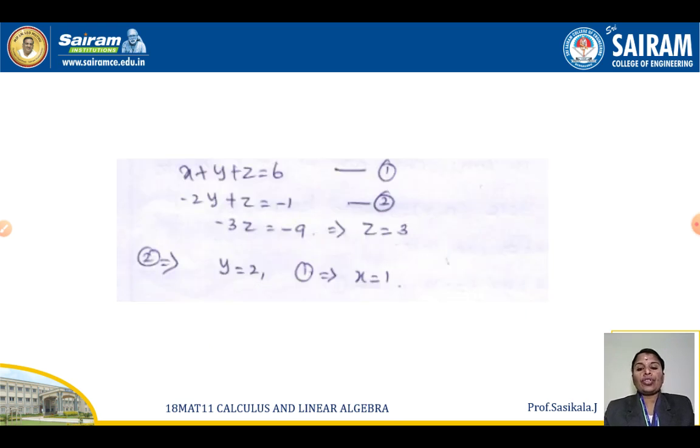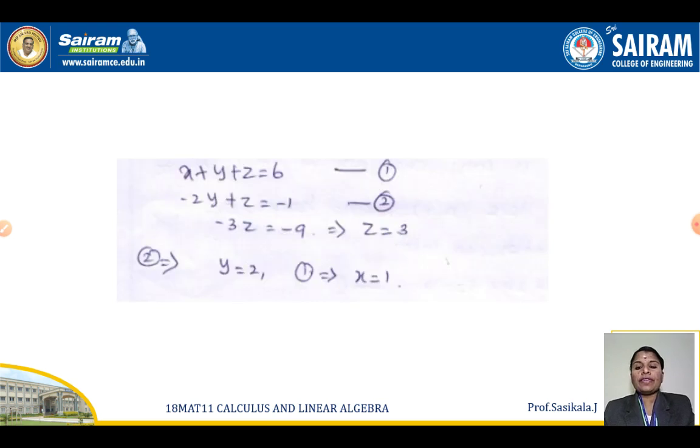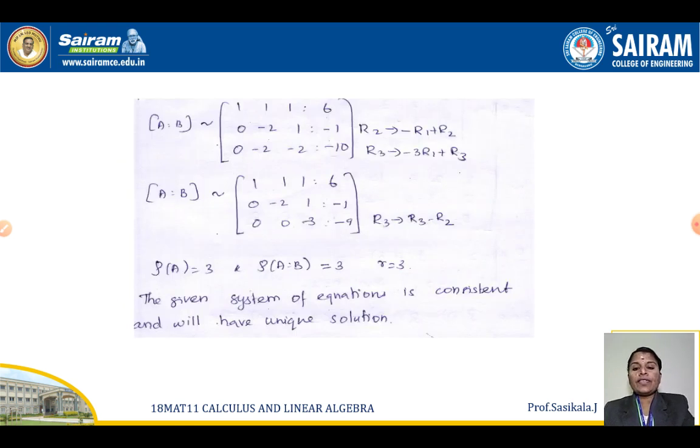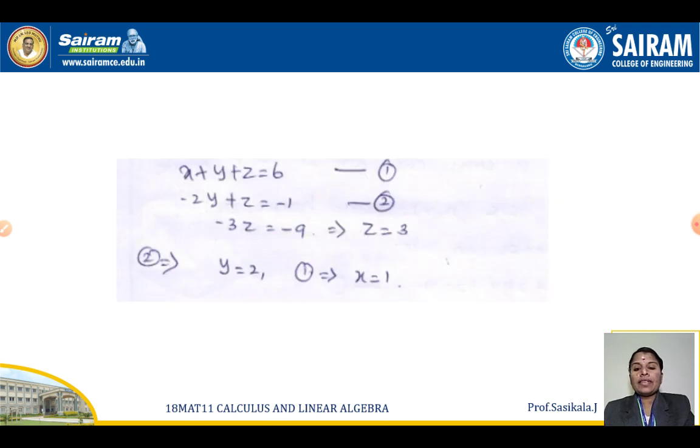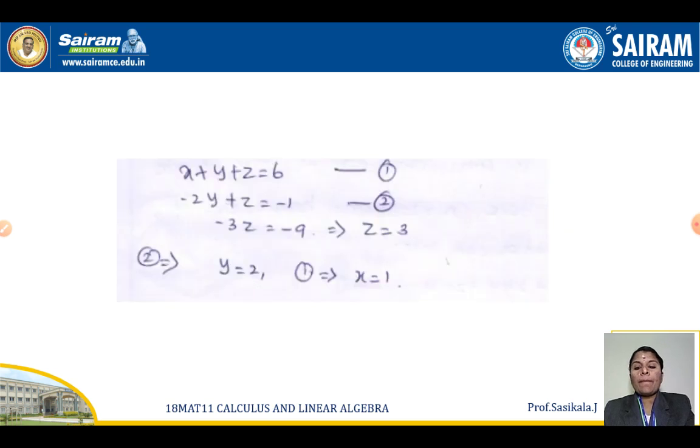Now, how do we find the solution? Again, you can do substitution. x plus y plus z is equal to 6. Then minus 2y plus z equals, on the right side, minus 1, isn't it? Next one, minus 3z equals minus 9. That implies z is equal to 3. Then substitute z equal to 3 in equation number 2. What will happen?